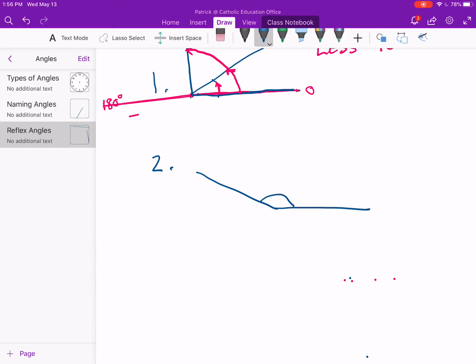Decide if it's, I'm going to write all the words here: more than 90, less than 90, equal, that's the equal sign, equal to 90, or more than 180 degrees. Pause the video, try to figure out which one's right, and then come back when you're ready.